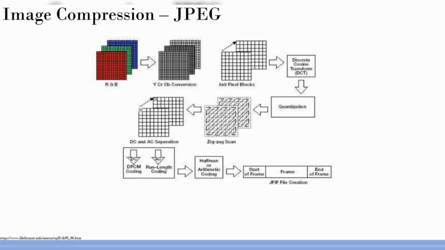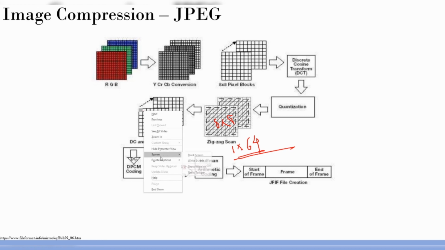This is a matrix, and after the zigzag arrangement you get something like 1 by 64, since this is 8 by 8. So each 8 by 8 region in the image has a 1 by 64 vector representation.